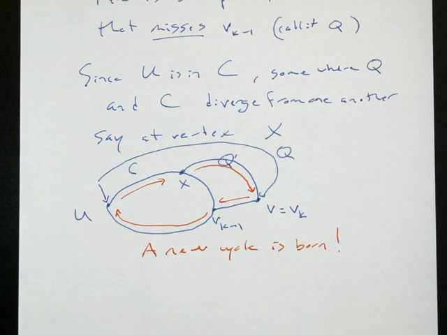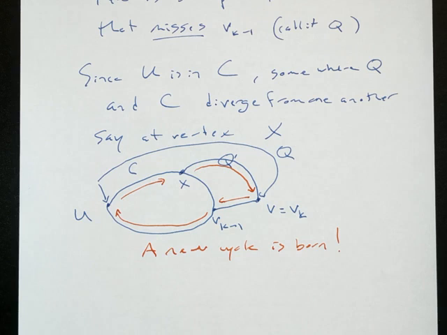Hey, wait a minute. I thought you said these two didn't share a cycle. And all we did was say if there were any vertices that didn't share a cycle, start with the two that are closest together. Then I built a cycle that they share.